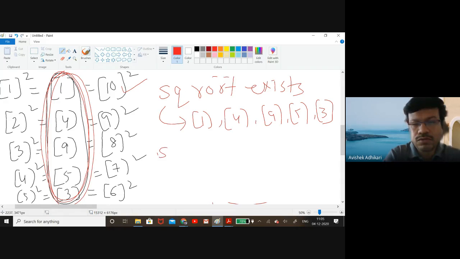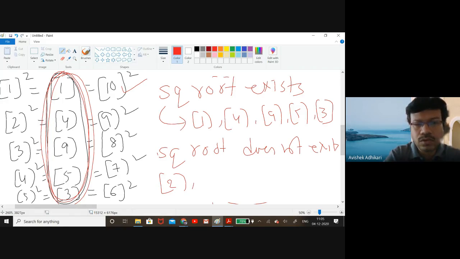The square root does not exist for class 2, class 6, class 7, class 8, and class 10.